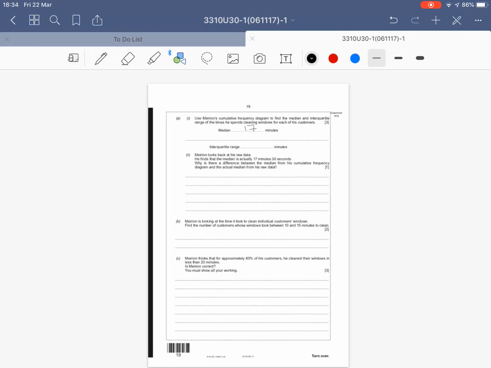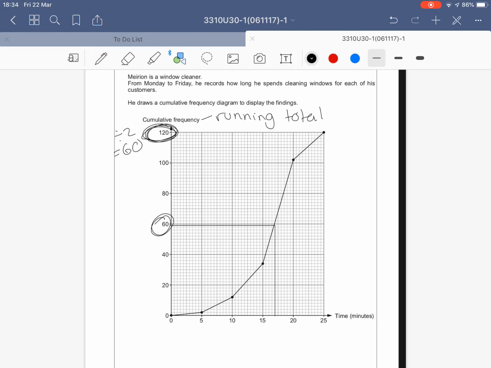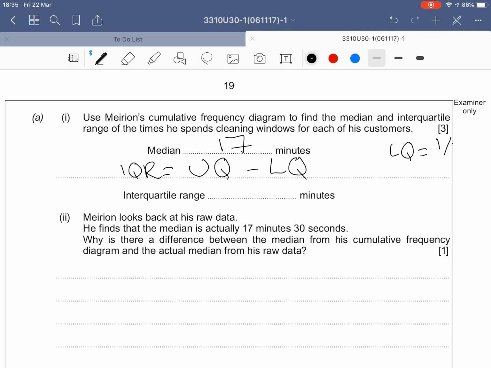So you're going to go across at 60 because that's the median here, and then you're going to read down. Interquartile range: you do the upper quartile, take away the lower quartile. Think quartile, that's quarters. Lower quartile is 1 quarter, upper quartile is 3 quarters.